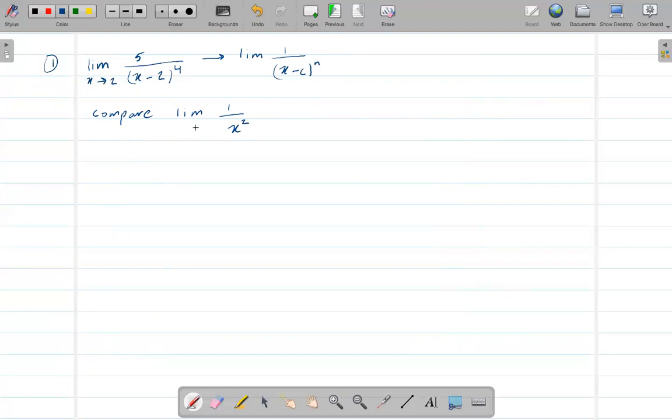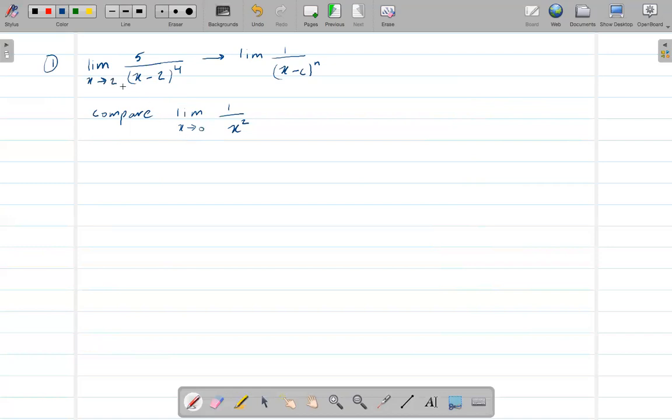What about the x? Here we have x goes to 2. If there is some number here, we can change that number to x goes to 0. If there's an infinity here, we'll stay with the infinity.